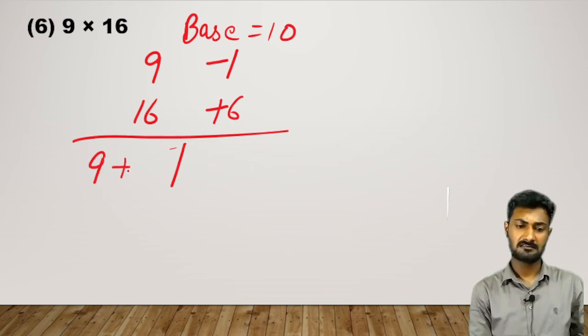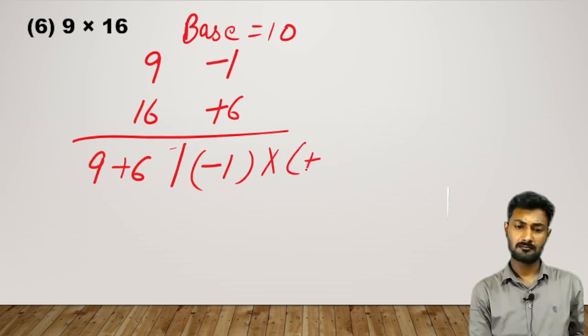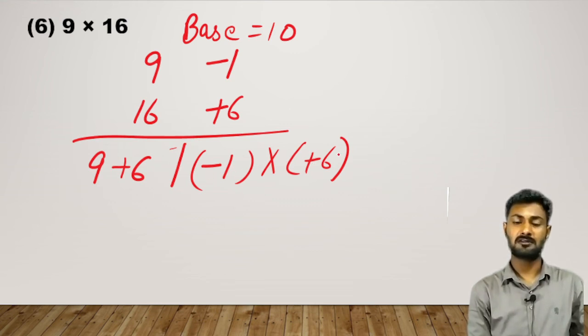9 plus 6, and -1 multiplied by +6. In the deviation, both numbers are of opposite sign. This becomes negative and this is positive. Now, when we multiply a positive number with a negative number, we always get a negative number.